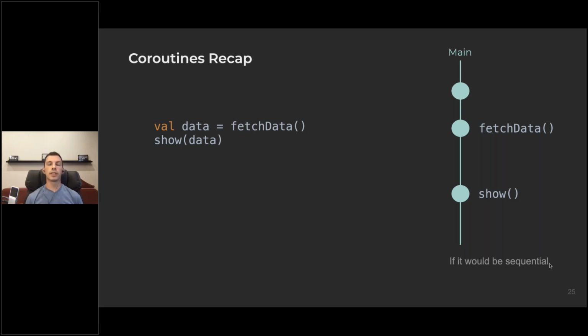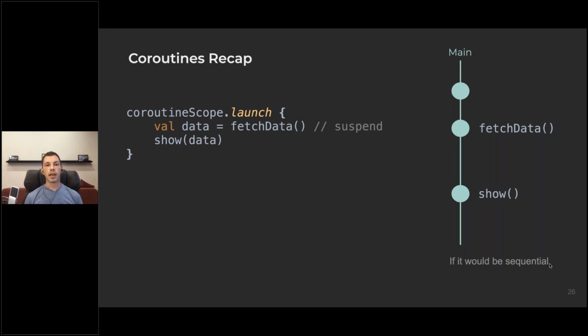And if we do it this way, we block our main thread and our screen will be frozen. But if we cover this with a launch block and start a coroutine, and also mark the fetch data method as a suspend function, it will be slightly different and better for us, using coroutines for sure.